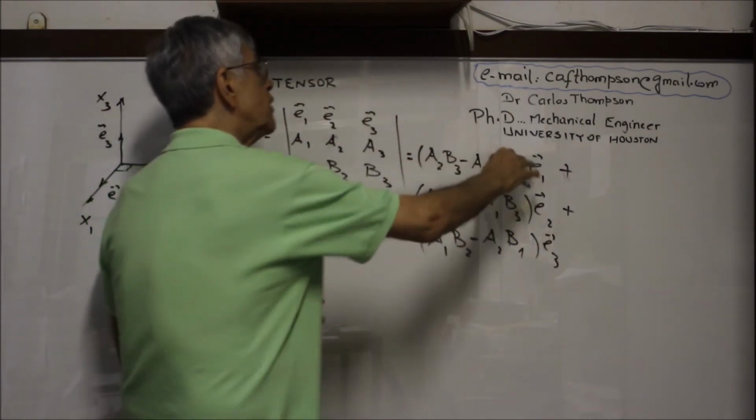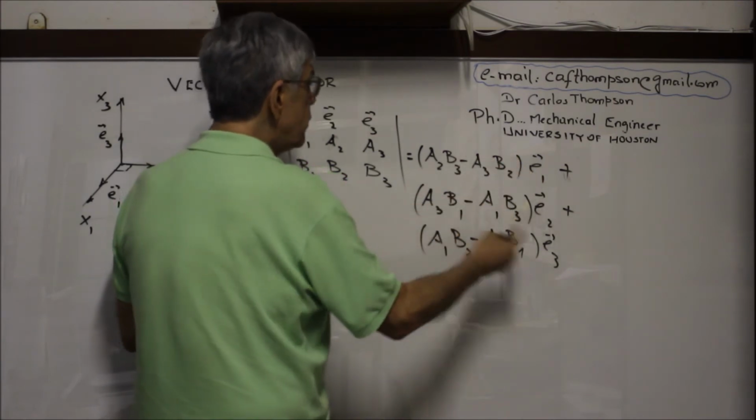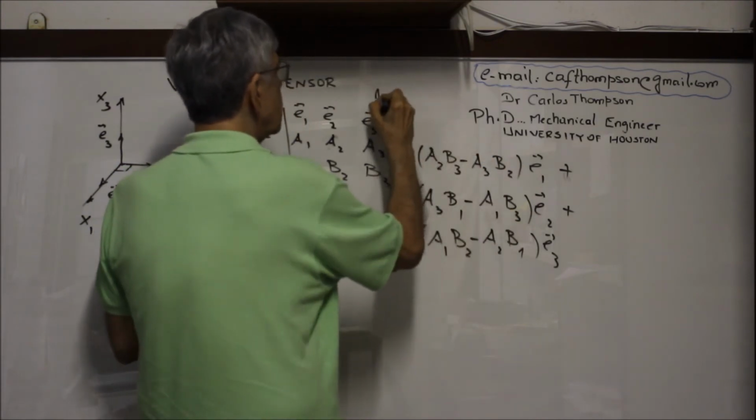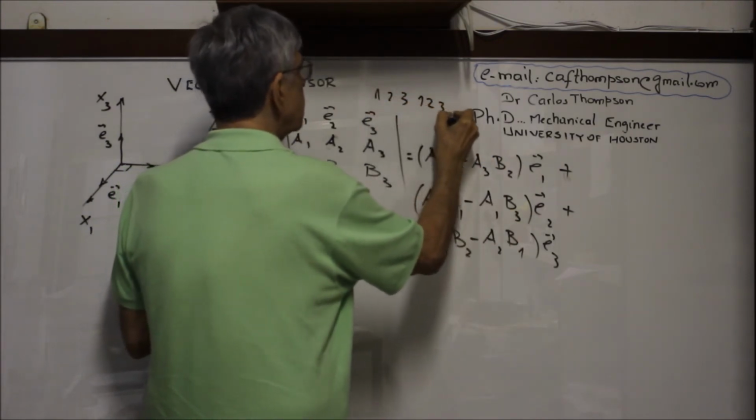You just write the first one, and the other ones you complete by rotating: 1, 2, 3, 1, 2, 3, and so on.